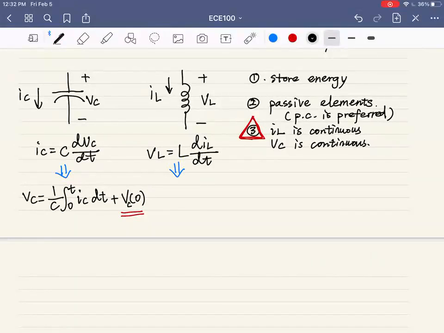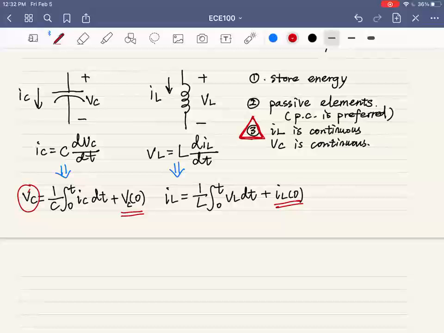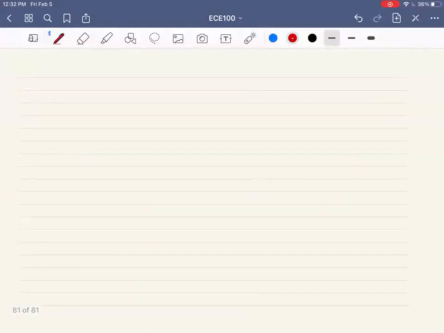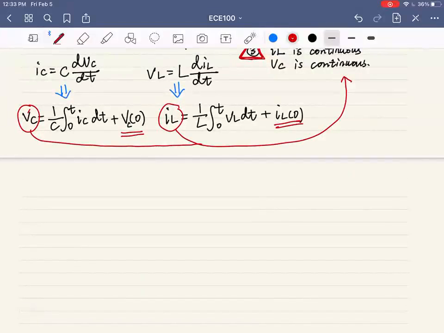And same for the inductance. And you observe that because VC is an integral of the I, and IL is an integration of VL, they will not change immediately. And from the I and V we will be able to calculate their power and energy.